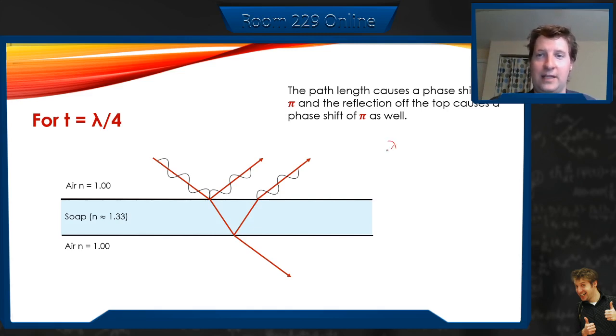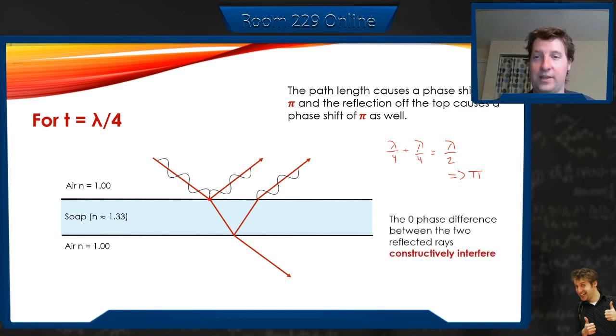It has to go down lambda over 4, then it has to go back up lambda over 4, so we're going to end up with a half a wavelength shift, and that will give us a phase shift of pi, 180 degrees. So we had a phase shift happen at the interface and a phase shift happen through the path length. They're both out of phase by pi, so they're in phase again.